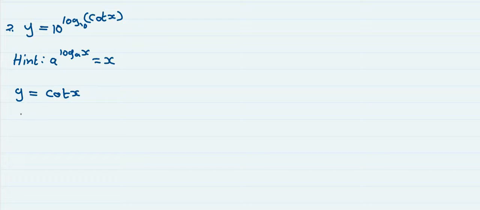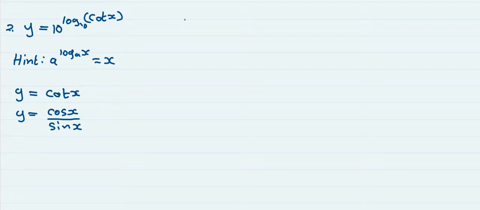So rewrite cot x again. Rewrite y as cot x again, cos x over sin x. So since this is a fraction, we use the quotient rule.